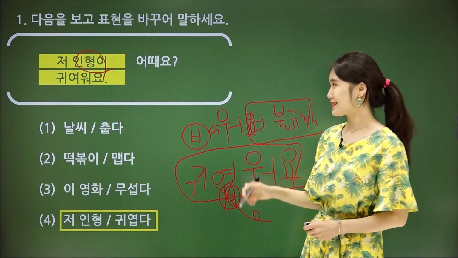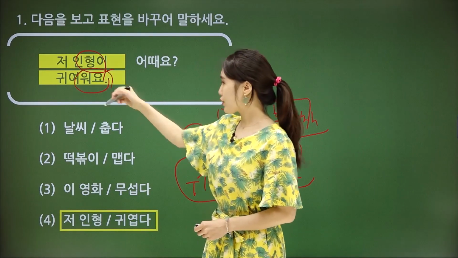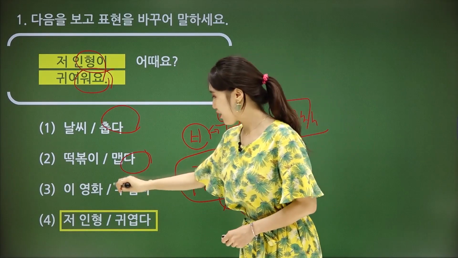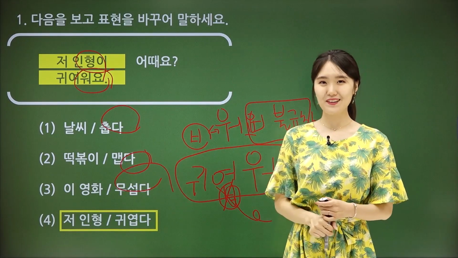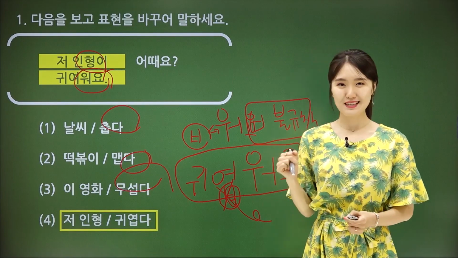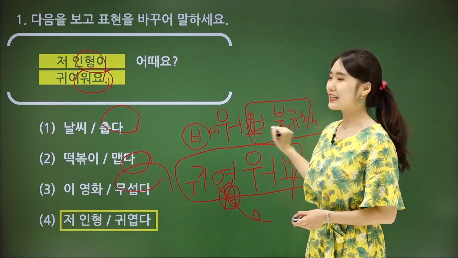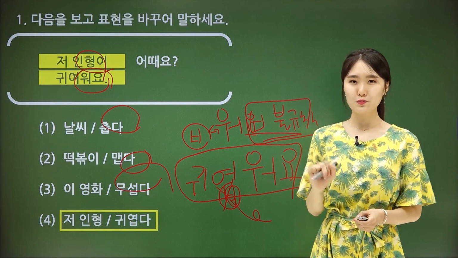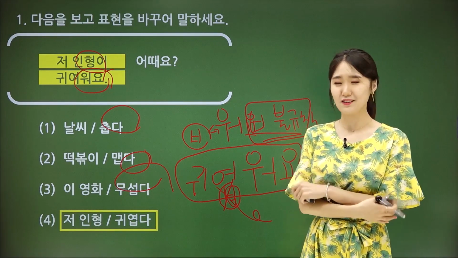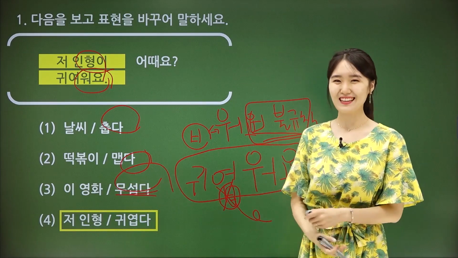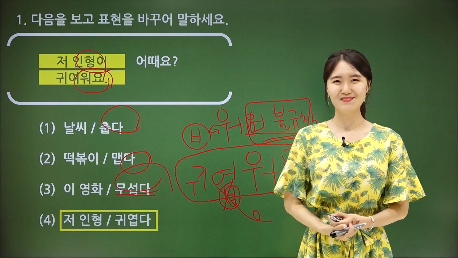So 귀여워요. 추워요. 매워요. 무서워요. Very nice. You can review this and you can easily remember this 부 irregular. So don't be confused and don't be hard. Don't be 무서워요, scared.